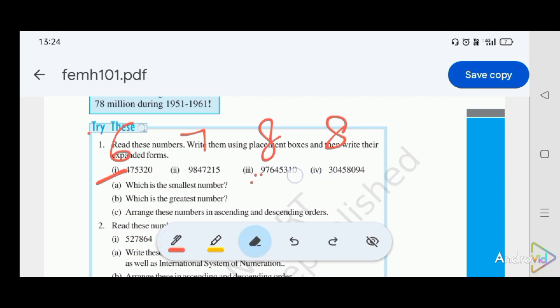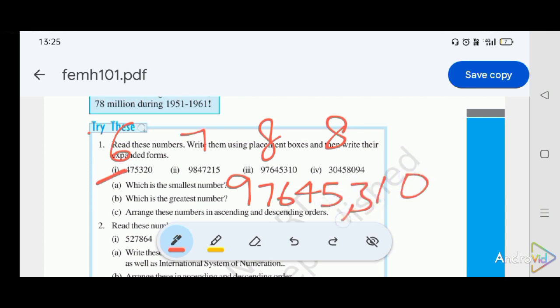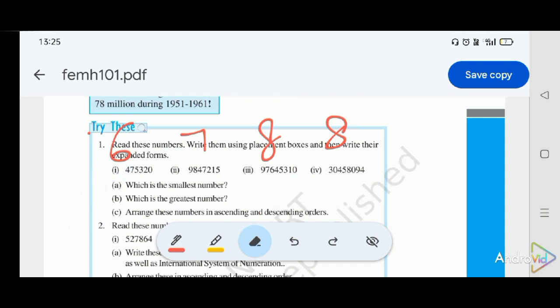So hence we can say that the third number, 9,76,45,310, is the greatest number. Now we are done with the B part as well.